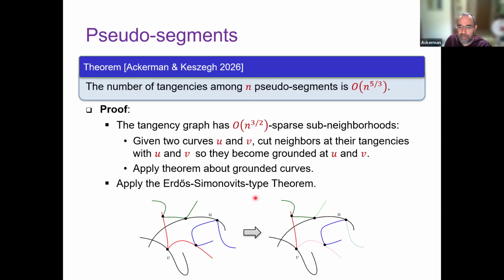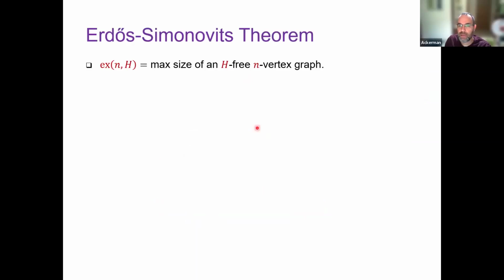So why is it called the Erdős-Simonovits type theorem? I should say what the Erdős-Simonovits theorem is. First, I need to define two terms. One is the extremal function of n and some graph H, which is the maximum size of an H-free n-vertex graph.